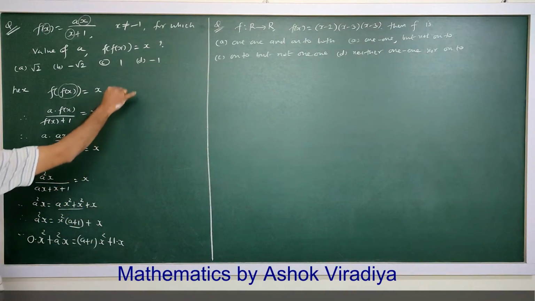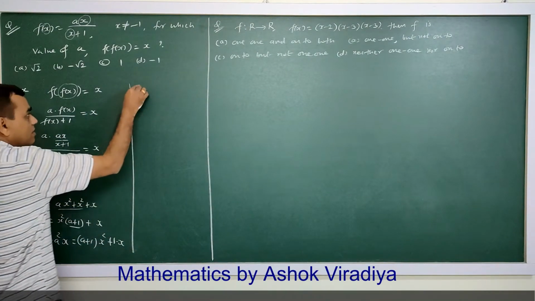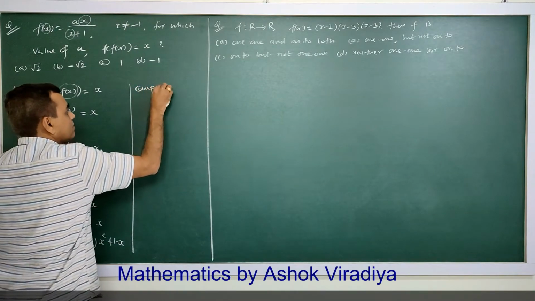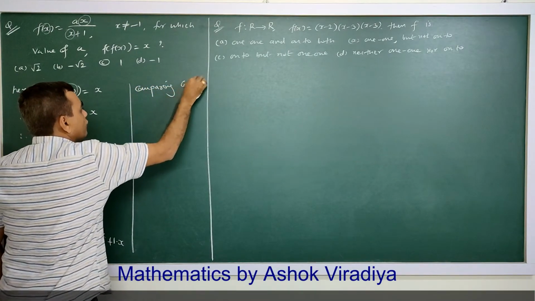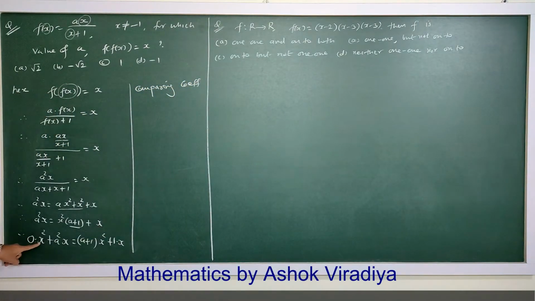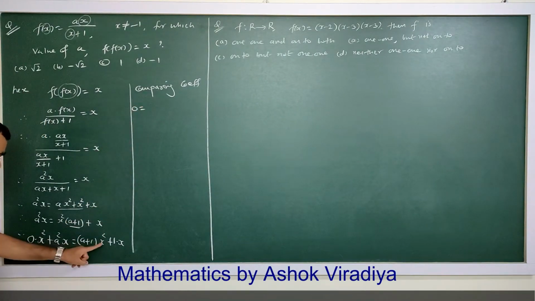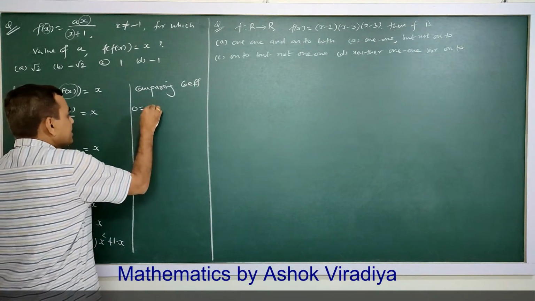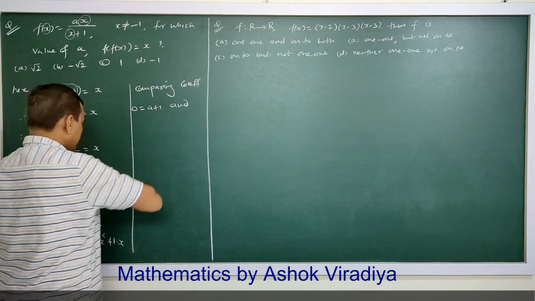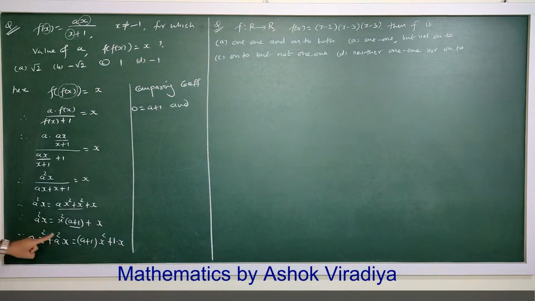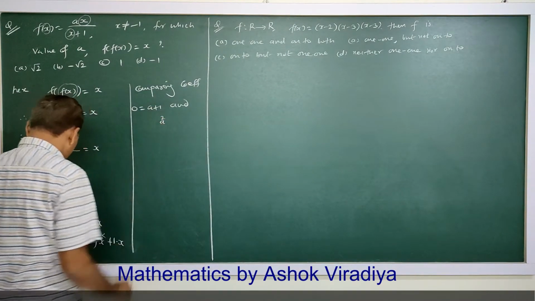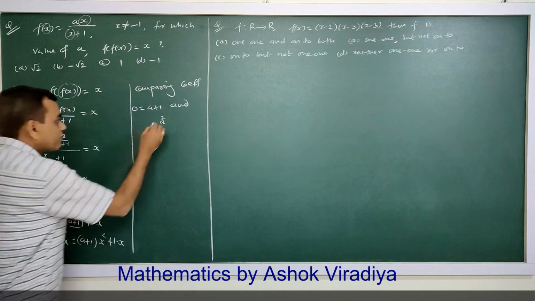Now comparing coefficients: on the left-hand side the coefficient of x² is 0, on the right-hand side it is a + 1, and on the left-hand side the coefficient of x is a², on the right-hand side the coefficient of x is 1.